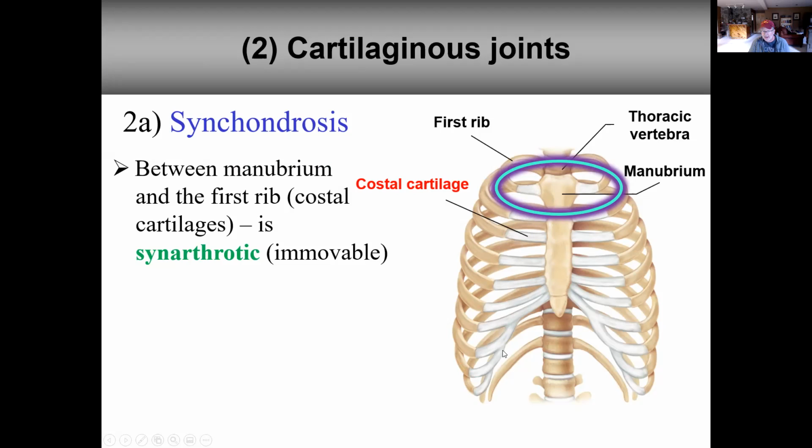In fact, all of this is hyaline cartilage, right? It's costal cartilage, costal referring to ribs. But I'm looking here specifically at the first pair of ribs and where it articulates with the sternum, because this is a special type of cartilaginous joint, a synchondrosis joint, because this is a synarthrotic joint. Immovable. There's no movement between the first pair of ribs and the manubrium.